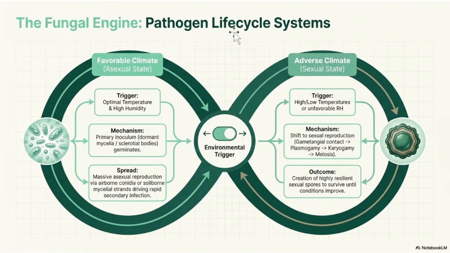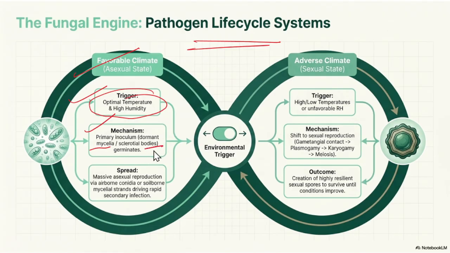Then we will study here the life cycle of these pathogens. In the asexual stage, first is the optimum temperature and high humidity, which trigger the asexual stages of this pathogen. Then primary inoculum or dormant mycelium is present in the soil, or on the debris of the plants.